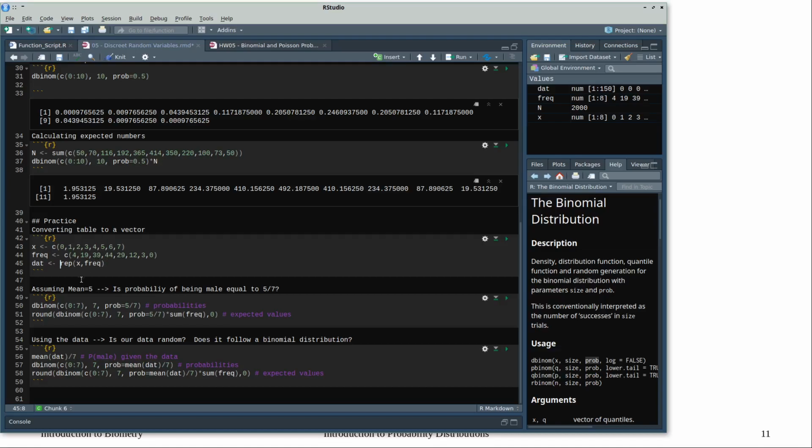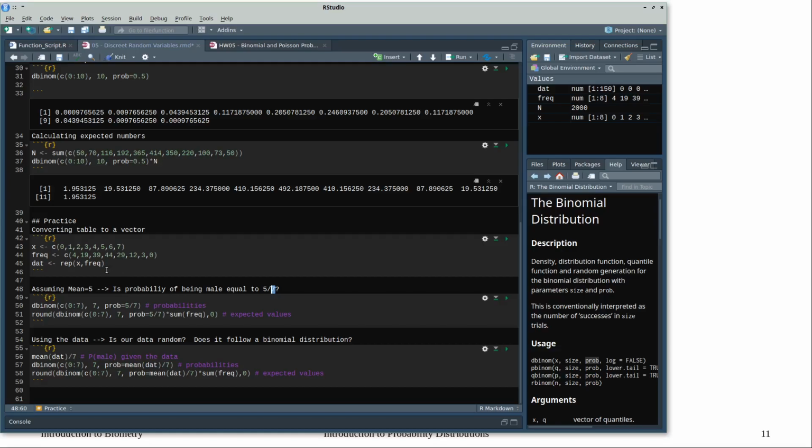Alright, so first up, we're assuming that the mean number of males per clutch is 5. So what this is asking is, is the probability of being male equal to 5 over 7? How did I get 5 over 7? Well, 5 is the mean, and our out-of number is 7. So 5 divided by the out-of number gives us the probability of success in one try.